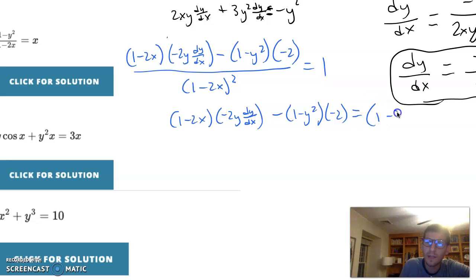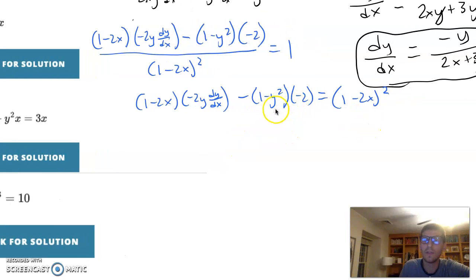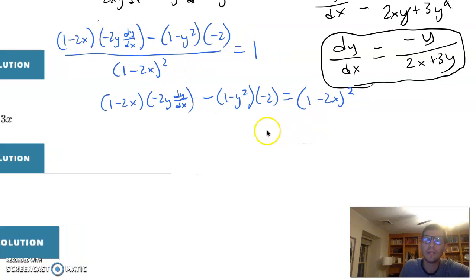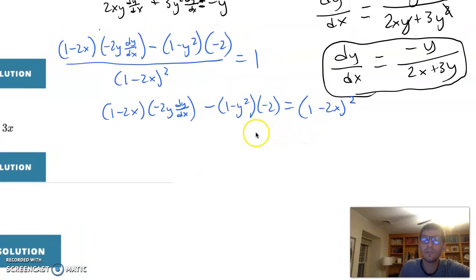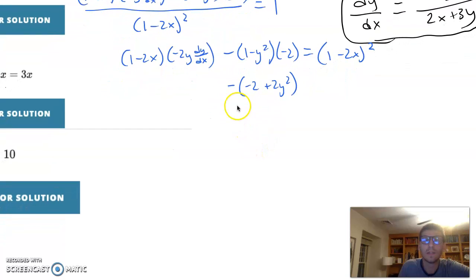And then that times that 1 is just that. So, well, now I could add this over. So I'm going to have this. Maybe would it make sense to distribute, or become negative 2 times 1. And then I could distribute that negative, like, I could just add it over, I guess.